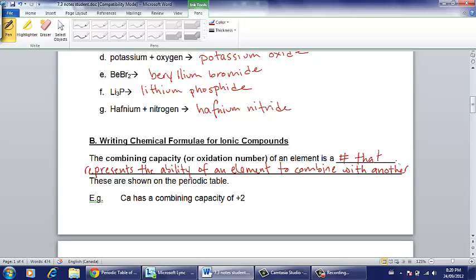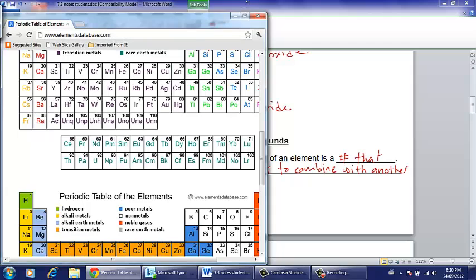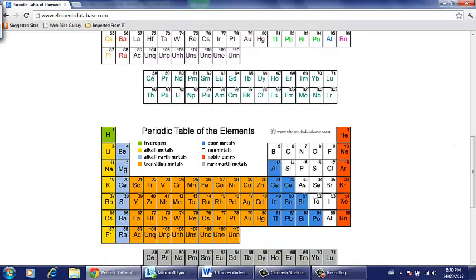For example, if you look at your periodic table, and I'm going to pull one up here, but this one doesn't have the charges on it. Yours will have the charges, and if you looked at calcium, all these elements in the far left column, the alkali metals, they all have one electron in their outer shell.